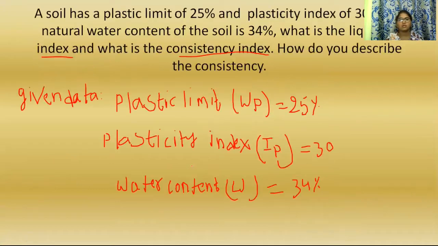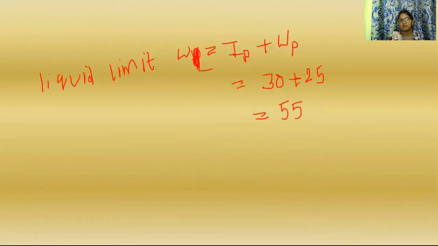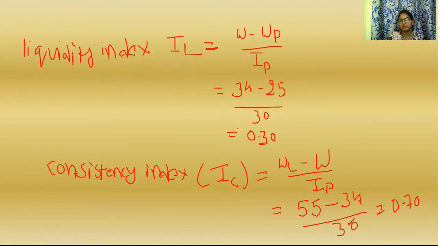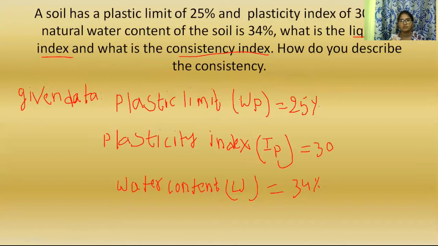Here it asks only for the liquidity index and consistency index. These are the two formulas, but the liquid limit value is not given, so by using this formula we can determine the liquid limit value.